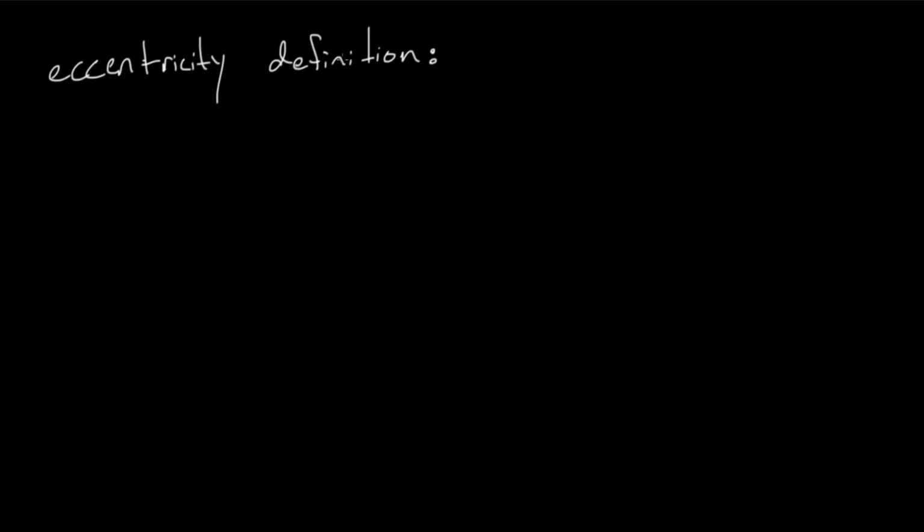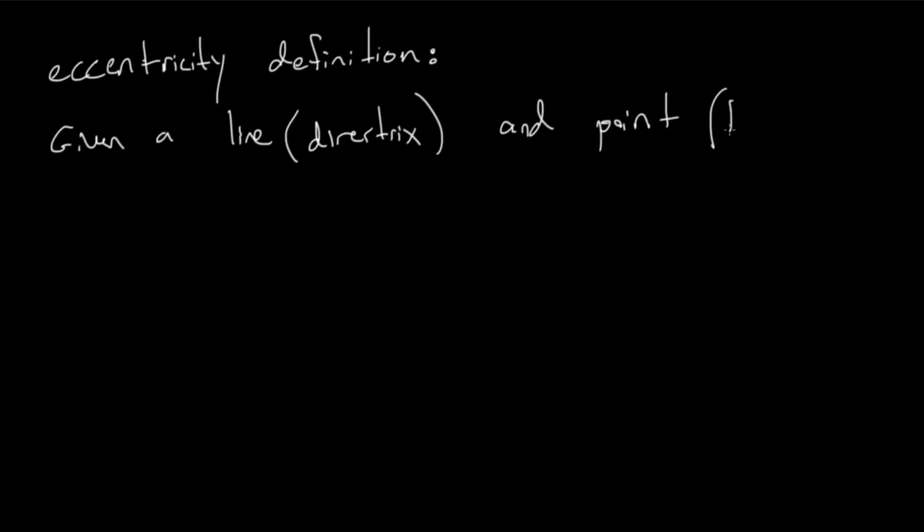All right, so the eccentricity definition, given a line, which we're going to call the directrix, and a point, which we're going to call the focus, and a locus of points.